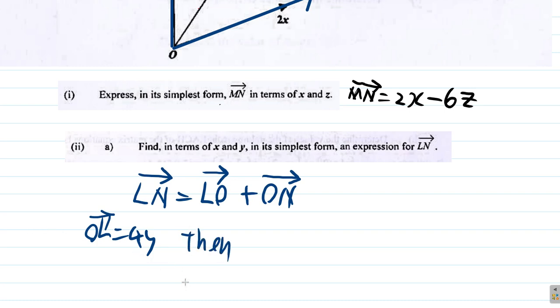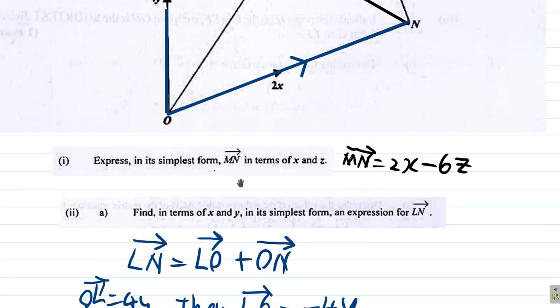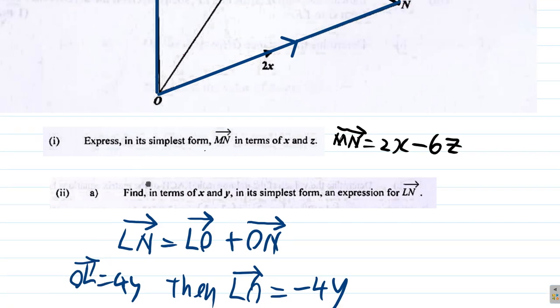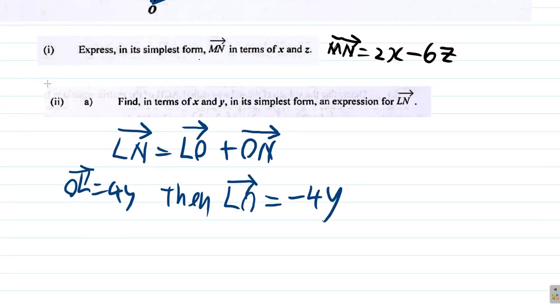So then LO is equal to negative 4y. Inverse vector, right? Because going from L to O is the negative of going from O to L. OL was 4y, so LO is negative 4y. What is ON? ON is 2x. You see it here. So ON is equal to 2x.